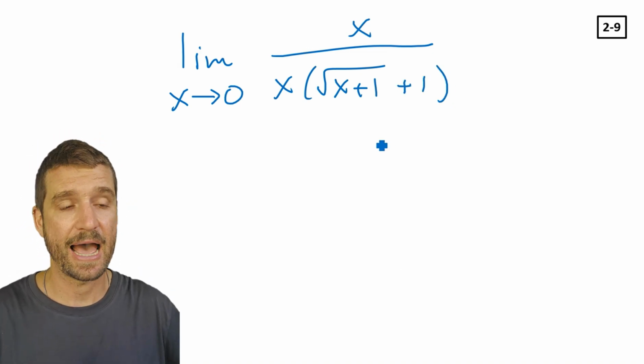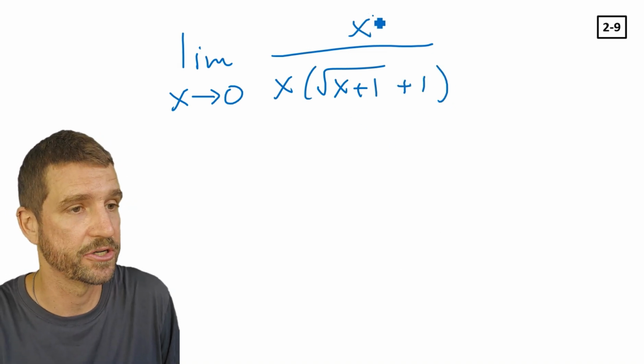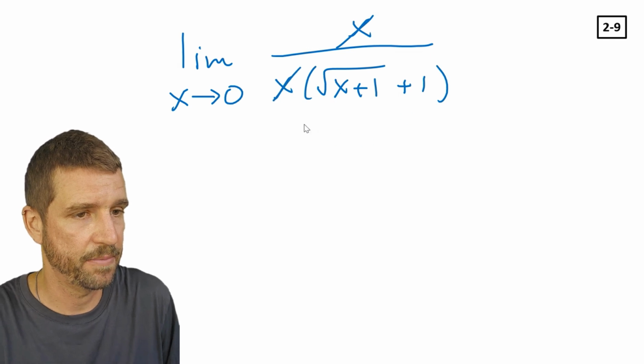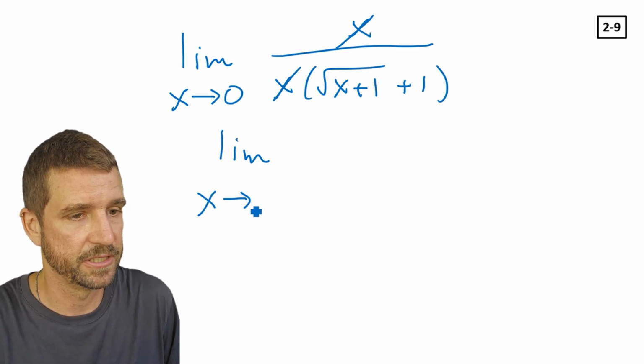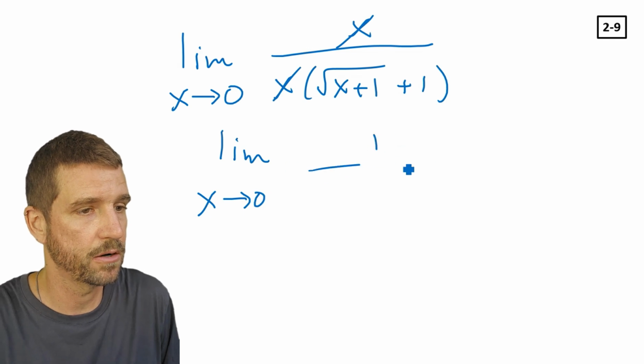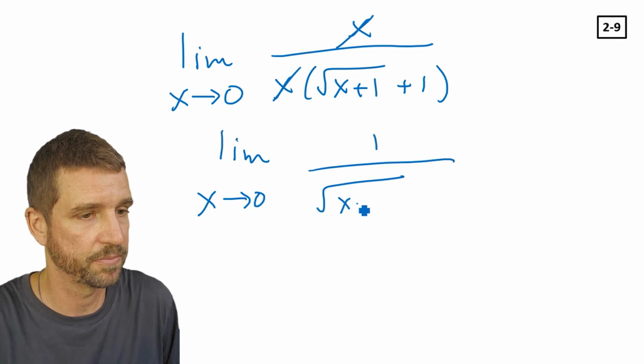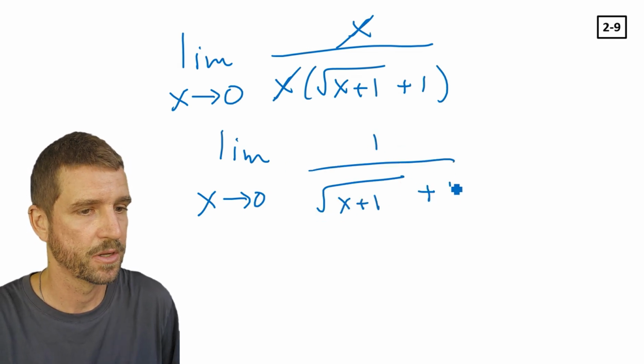Notice what else is going to happen? Well, these x's are going to go away. So I'm going to cross out these x's, and I'm going to be left with the limit as x approaches 0 of 1 over square root of x plus 1 plus 1.